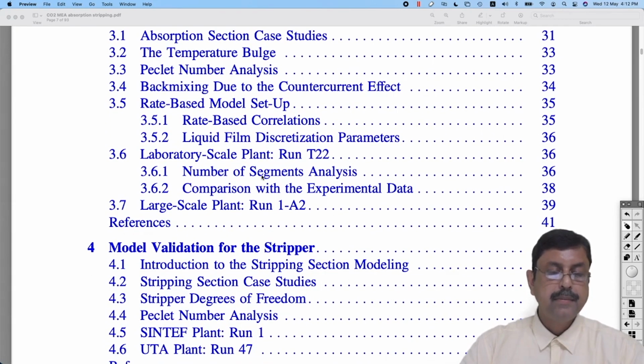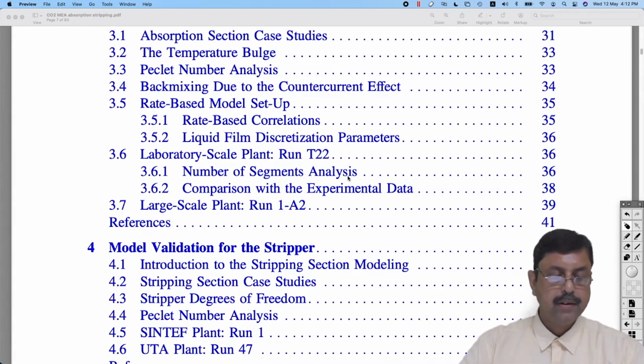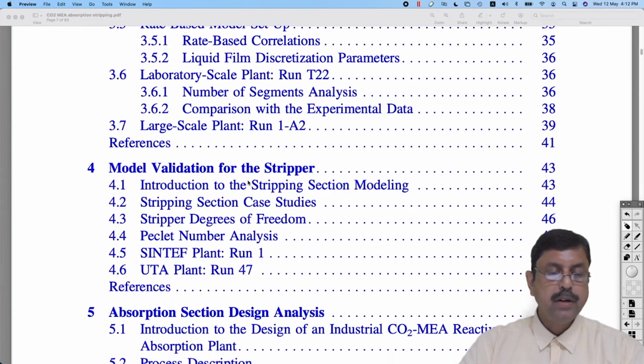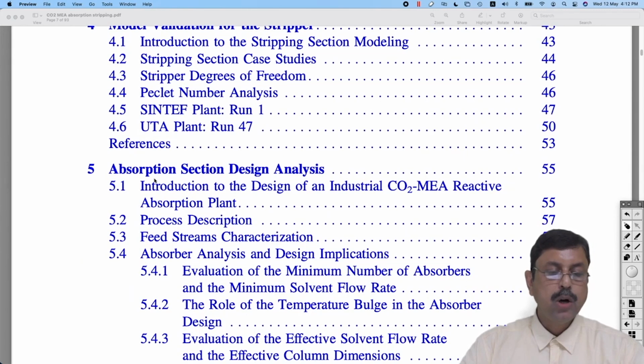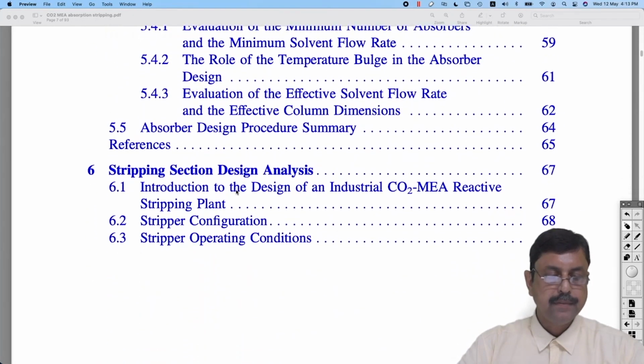And then some segmental analysis, how the interfacial mass transfer happens, etc. Then chapter 4 deals with model validation of stripper. And finally, a comprehensive absorption plus stripping, both together as a wholesome case study, is presented in chapter 5.